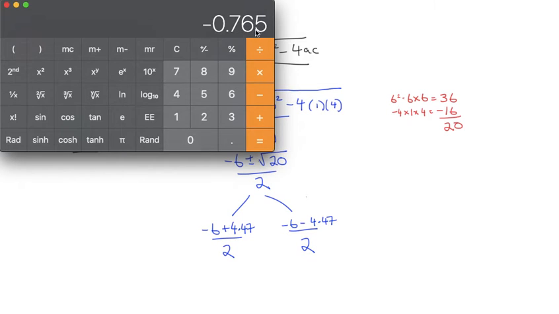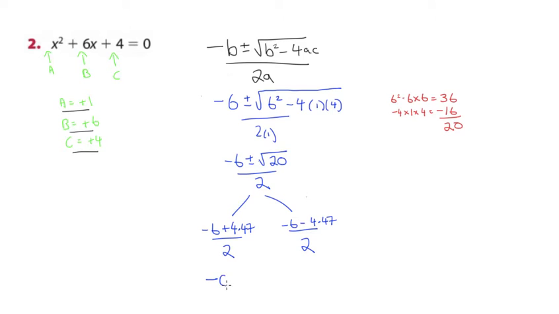Now, a few people made mistakes here, but I was very happy if they got to here. But just remember that 5 rounds up. So this should be minus 0.77. So the answer here is minus 0.77.